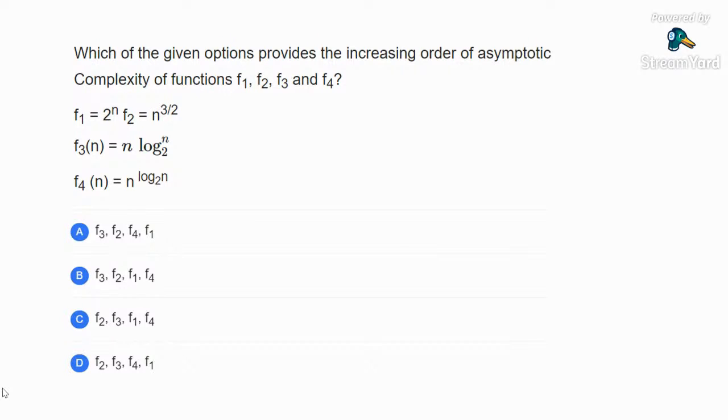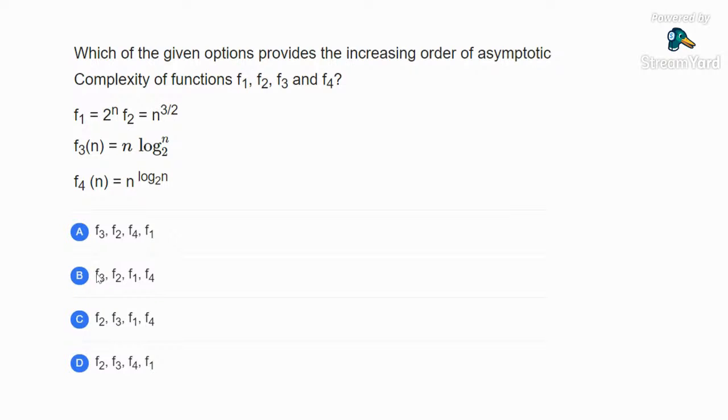You can take one example. Suppose the value of n is 16. Then f1 will become 2 raised to power 16, and f4 will become 16 to the power log 16. Log 16 is nothing but 4 only. So here one is 2 raised to power 16 and the second one is 16 to the power 4. This 16 can be written as 2 raised to power 4, so 2 raised to power 4 to the power 4 will become once again 2 raised to power 16.